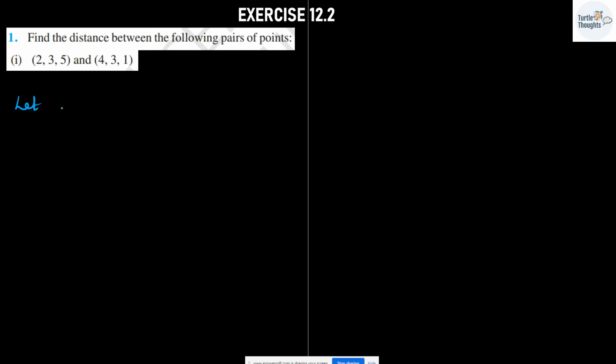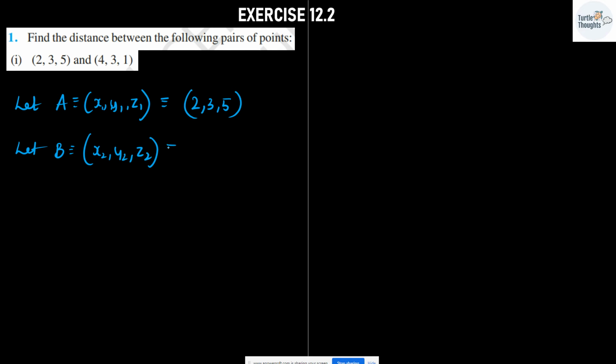So I can take, let A be (x1, y1, z1), and I will be taking that as (2, 3, 5), and let B be another point (x2, y2, z2), and let that point be (4, 3, 1).